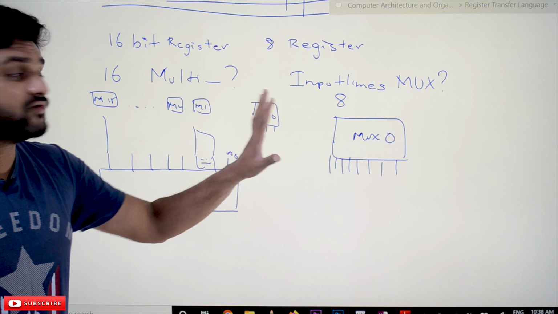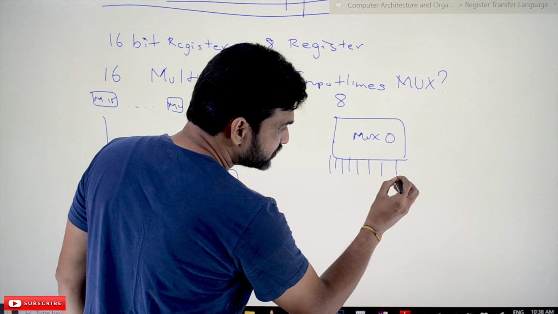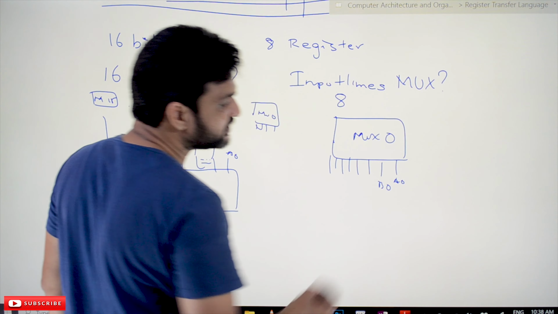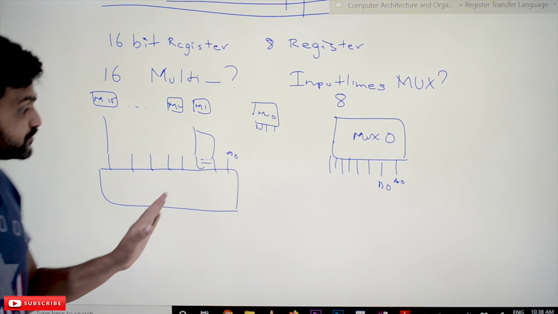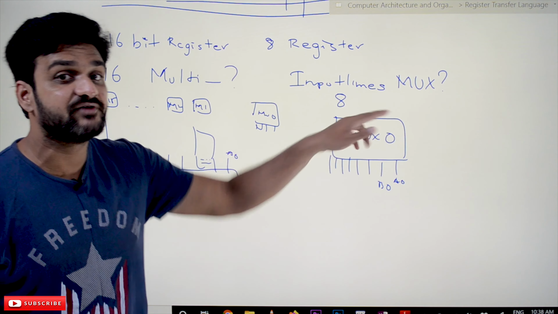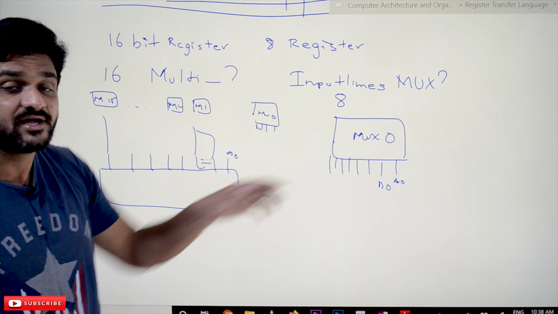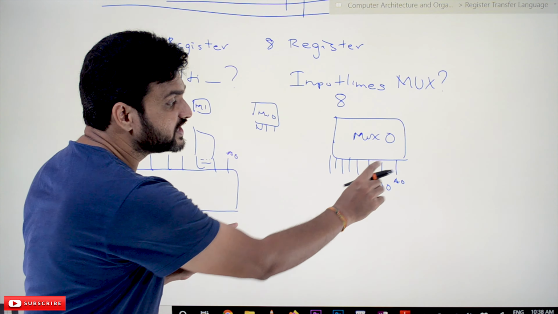So how have I decided that? To this input line A0 will get connected, to this input line B0 will get connected. All the 0th outputs of the registers will get connected. So to this multiplexer, all the 0th outputs of each register will get connected.